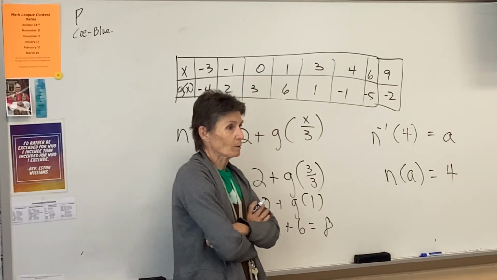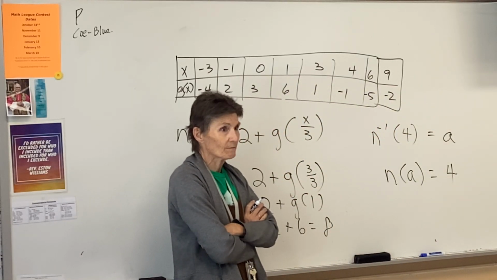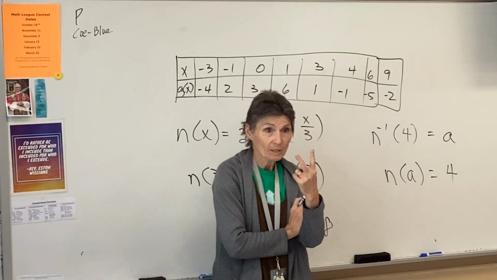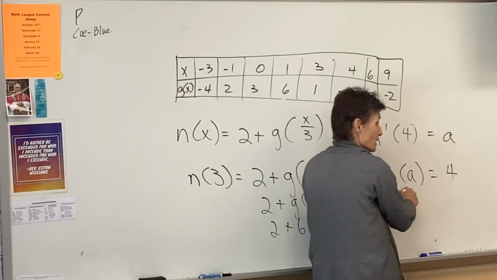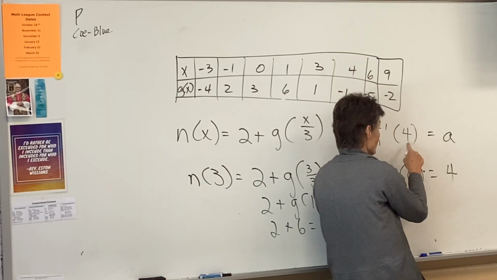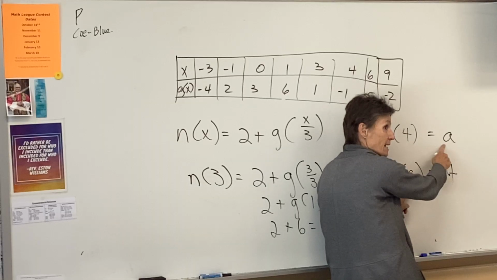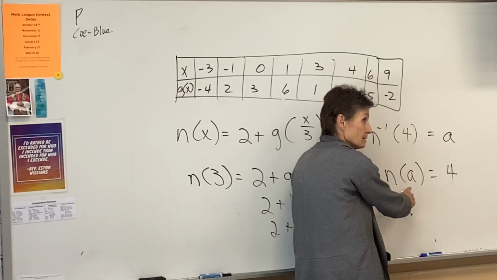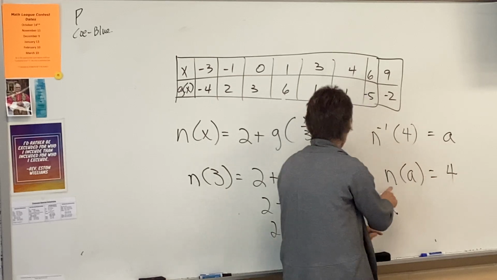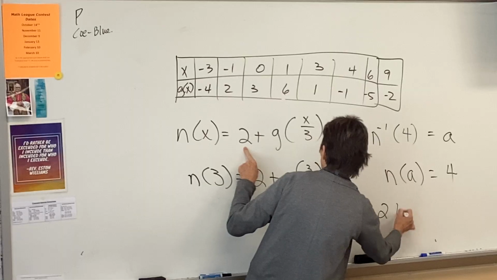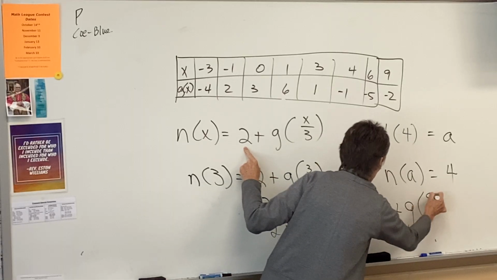Remember the relationship between inverses? The x and y get switched. So if the original ordered pair is A comma 4, the inverse ordered pair will be 4 comma A. So n of A is 4. Well, wait, isn't n of A 2 plus g of A over 3?